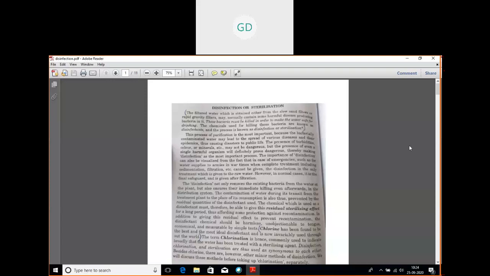Not accurate means it doesn't give you much killing of bacteria. Some bacteria are left while you are filtering your water through rapid gravity filters. But we already discussed that filtration is not the last treatment step. After that, more steps are also there.